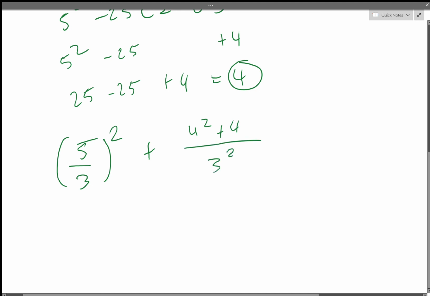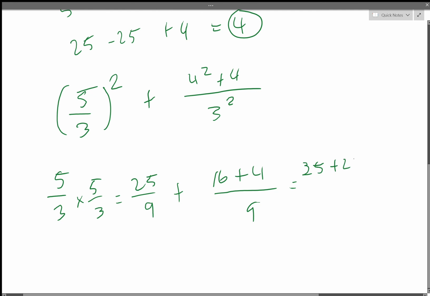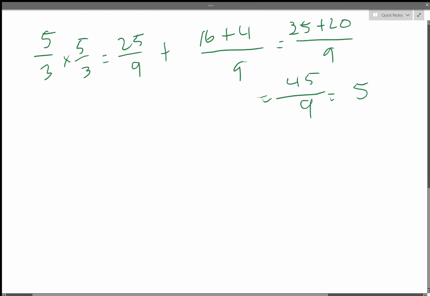The way to do this is 5 over 3 times 5 over 3, which will give you 25 over 9, plus 16 plus 4 over 9. 16 plus 4 is 20, so 25 plus 20 over 9, which will give you 45 over 9, which is exactly 5. There's 5 chocolates in box number 3.